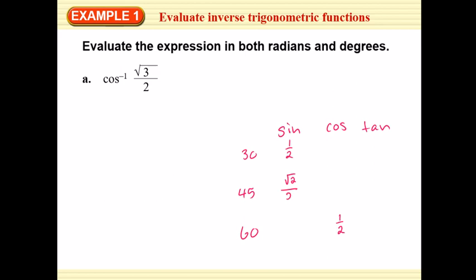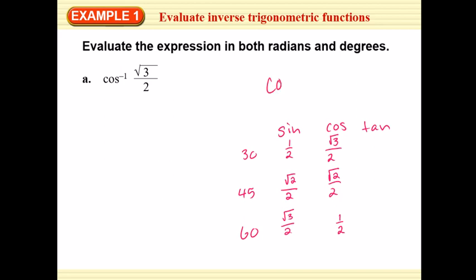For 45, it is radical 2 over 2 and radical 2 over 2, which leaves cosine of 30 as radical 3 over 2. And then the sine of 60 would be radical 3 over 2. Those are the only 3 values you have to memorize, and then you should be able to construct tangent from there.